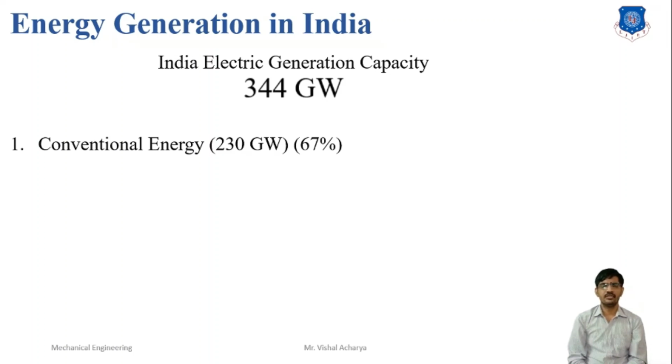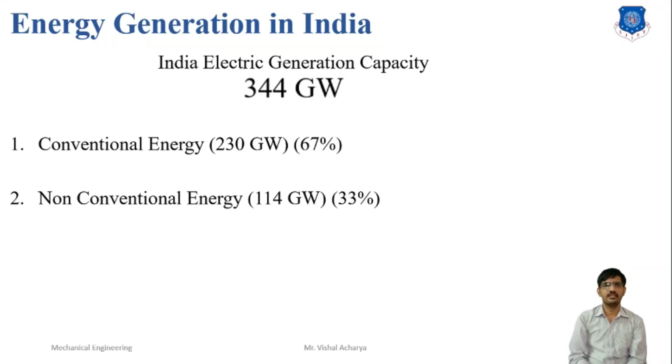In the conventional energy sources, total production of electricity is 230 gigawatts, which contributes 67 percent of total electricity generation. And non-conventional energy sources produce 114 gigawatts, which contributes 33 percent of total electricity in India.